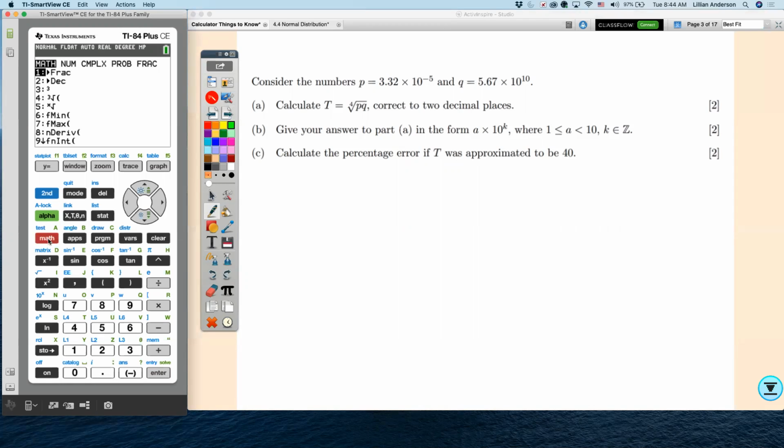Now, depending on what type of calculator you have, if you have a fancier one like the one I'm using, I can just click 5 and it automatically pops up a blank spot for me to type in the type of root. Some of you guys don't have that option. So if I'm trying to do the 4th root, I would type 4 first, then go to math, and then option 5.